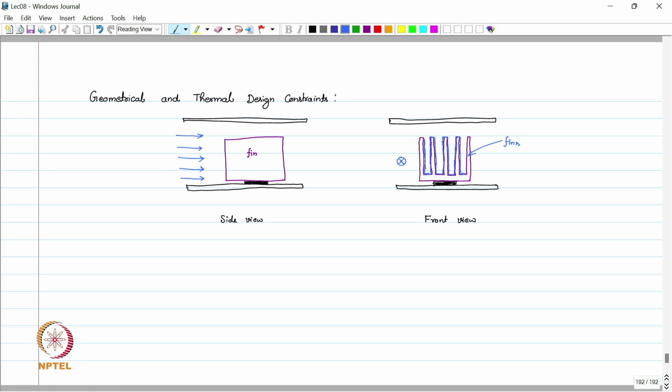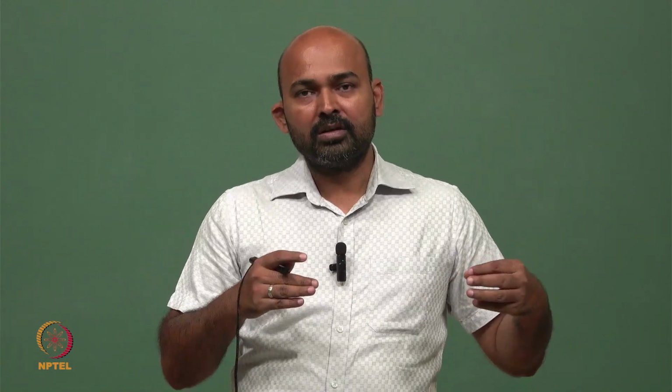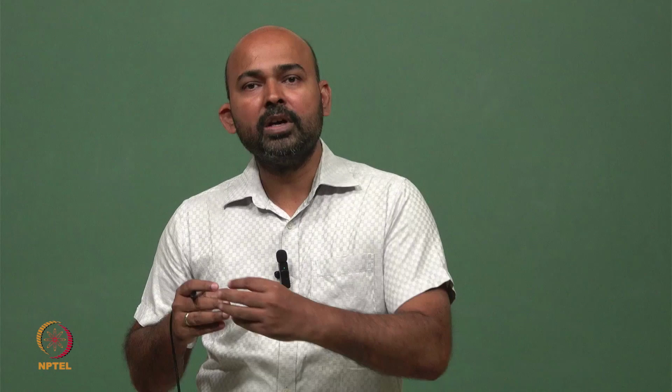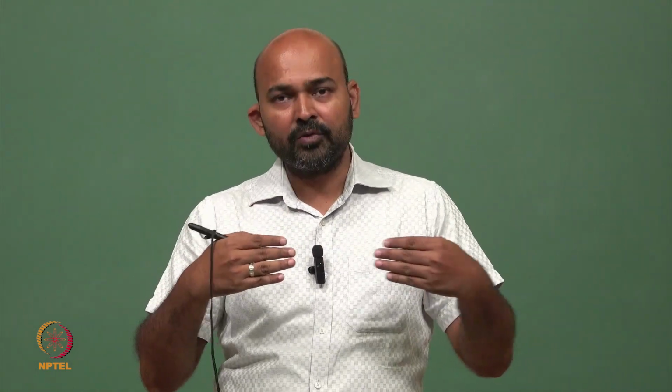All of this area which is shaded blue here is in contact with air, and air can take away the heat from this heat sink. So these are some of the design constraints. If the air is flowing from left to right, the fins of the heat sink need to be aligned in such a way that more air flows through the heat sink, through the fins. So the fins should be aligned with the airflow direction.